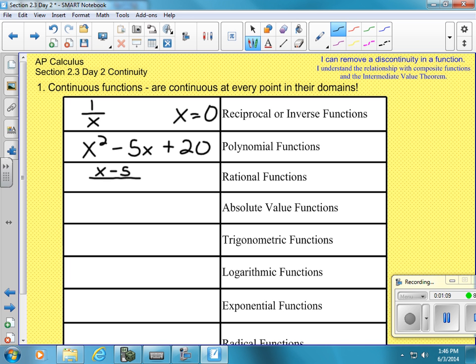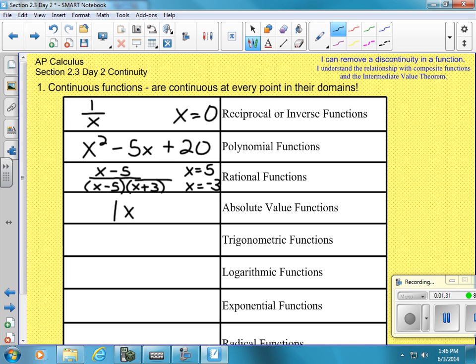So if you have x minus 5 over x minus 5 times x plus 3, that's a function over a function. It is continuous everywhere except at 5, where there's a hole, and where there's an asymptote, x equals -3.